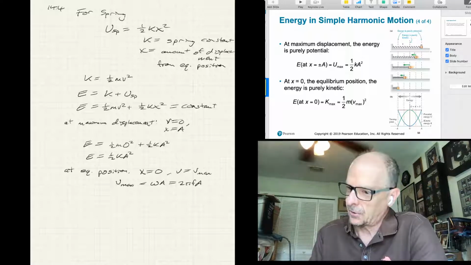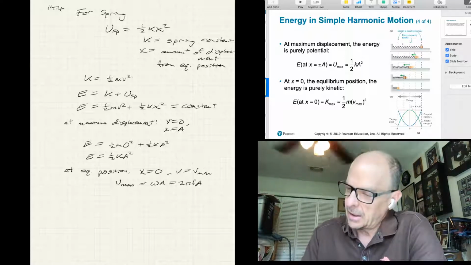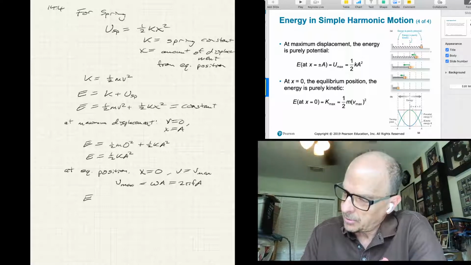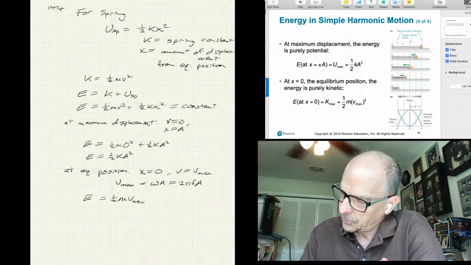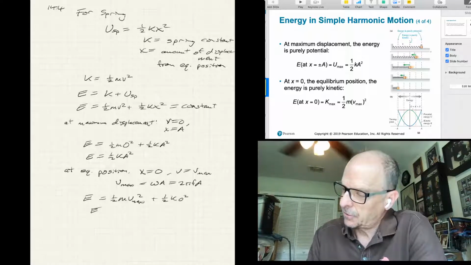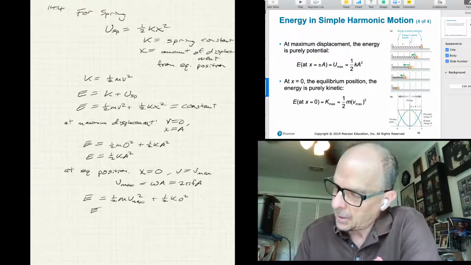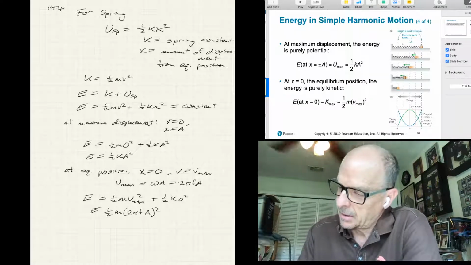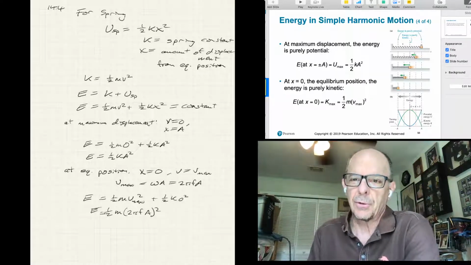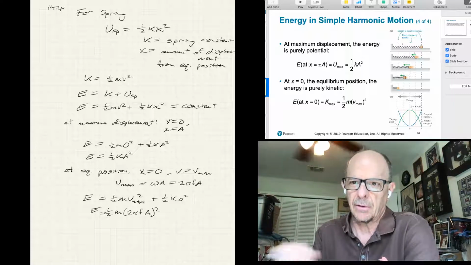We can relate it also to the amplitude. And so the energy at the equilibrium position is 1/2 m v max squared plus 1/2 k times 0 squared. So that's just 0. And if I replace the v max with this 2 pi f A, I get 1/2 m times (2 pi f A) squared for the total energy. Well, they're both true. The total energy isn't changing as this thing is oscillating.